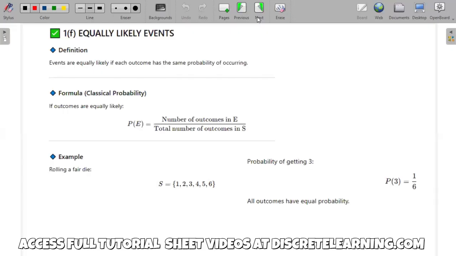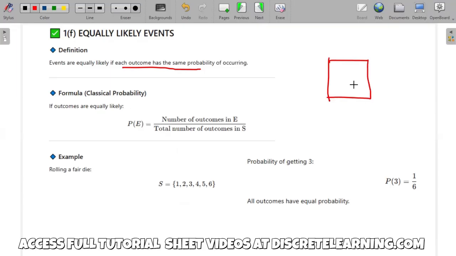The other definition that we had was equally likely events. So it's in the word itself, right? Events that are equally likely to occur with the same probability are what we call equally likely events. Events are equally likely if each outcome has the same probability of occurring. And a good example here is when you have a die.